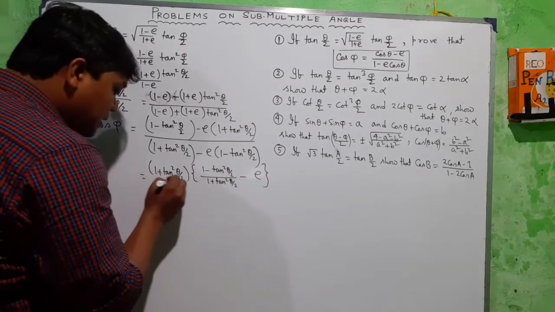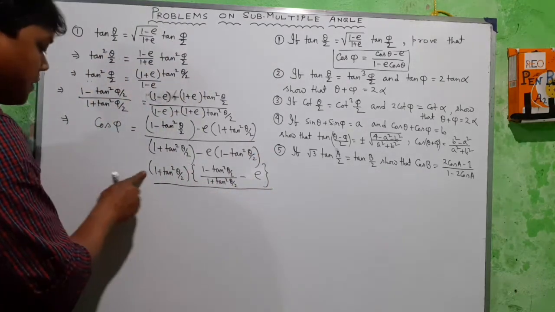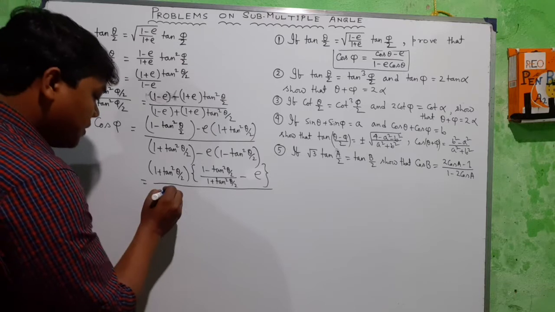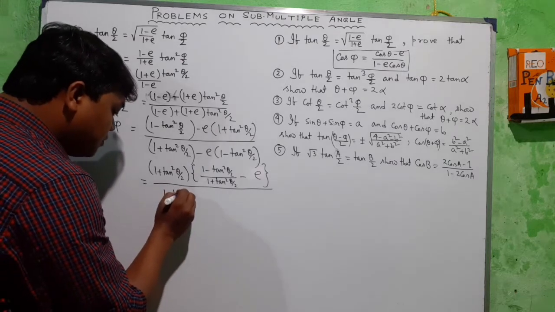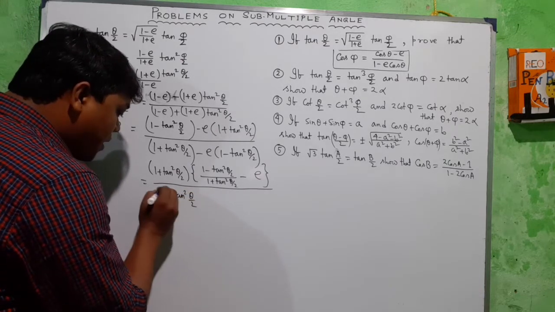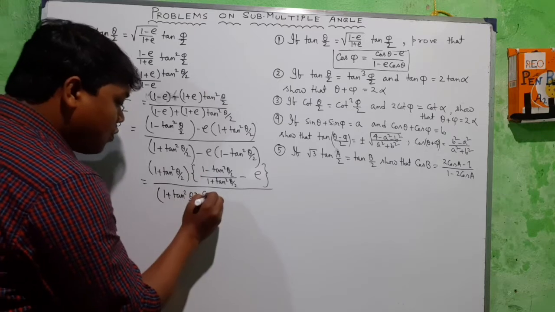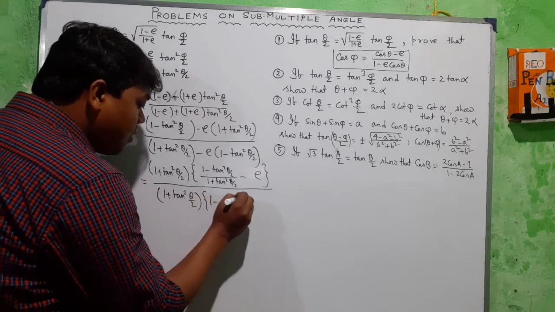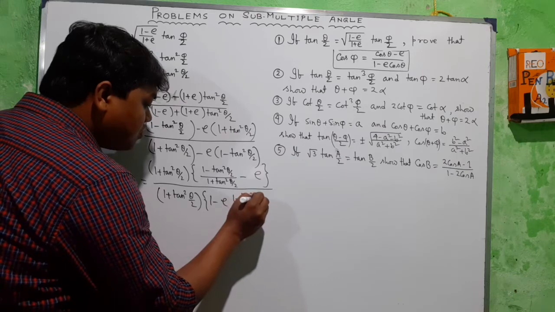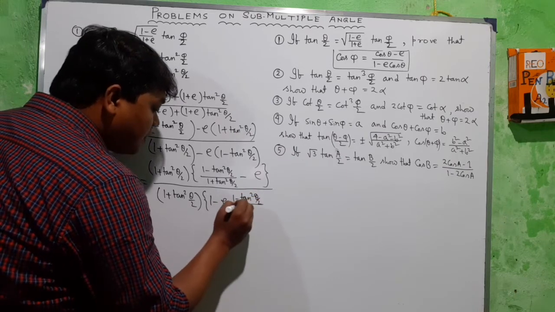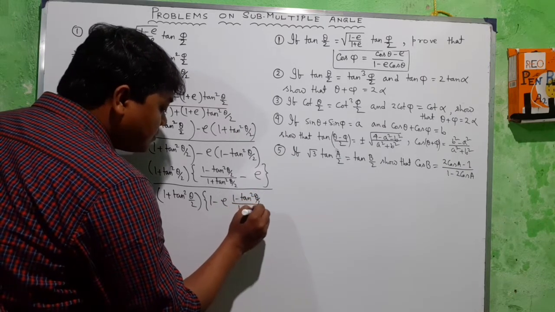In the denominator, 1 plus tan square theta by 2 is also a common part, so that gives 1 minus e into (1 minus tan square theta by 2) by (1 plus tan square theta by 2).